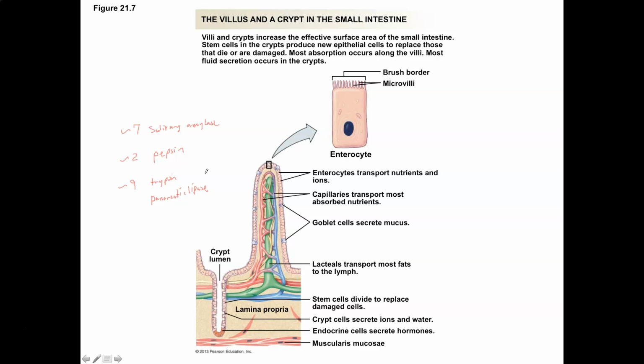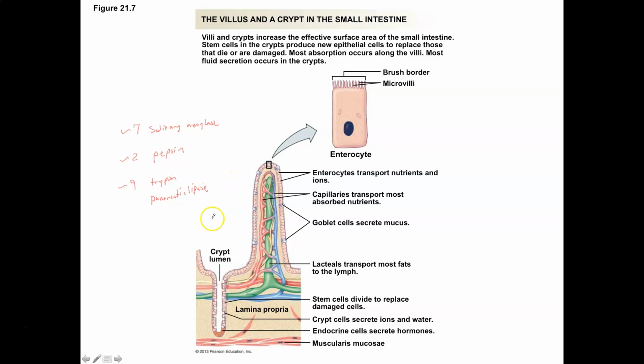And the more surface area you have, the easier it is for nutrients, ions, and water to get access to the epithelial cells and be absorbed through those epithelial cells into the cardiovascular or lymphatic system. The anatomical features that we see in the small intestine are things like villi and microvilli.